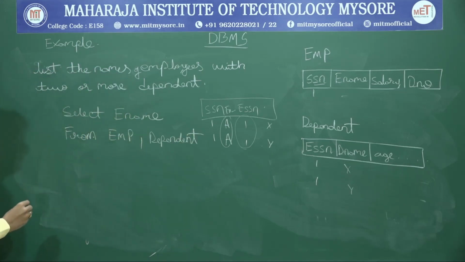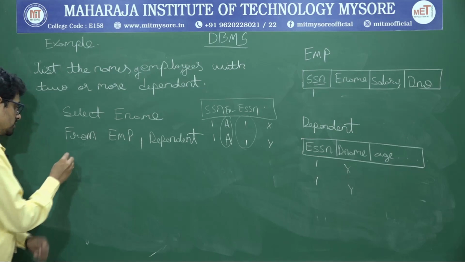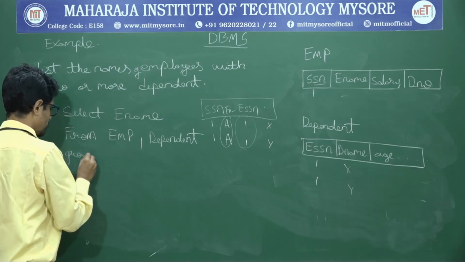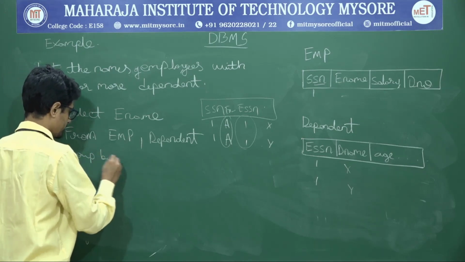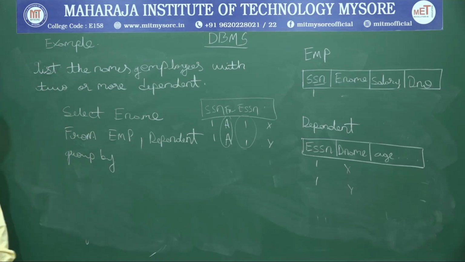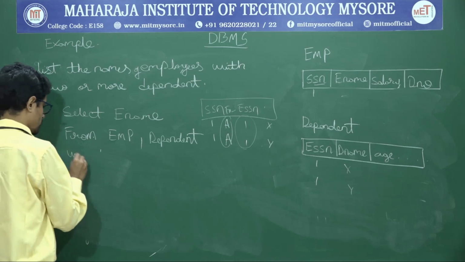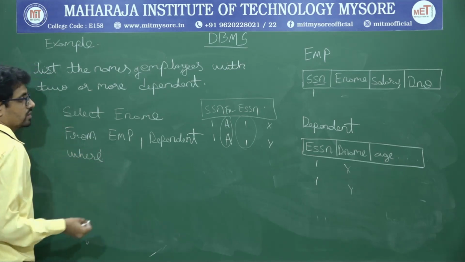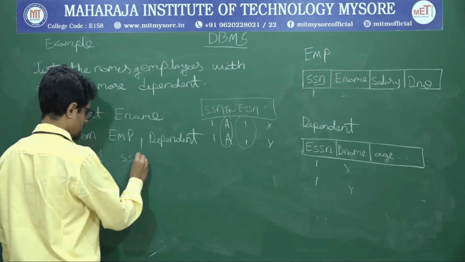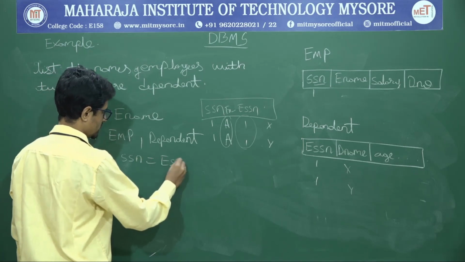Is there any where condition? No where condition, so directly let me go for group by. Okay, sorry. There is a way where I need to join these 2 tables, where SSN equal to ESSN.